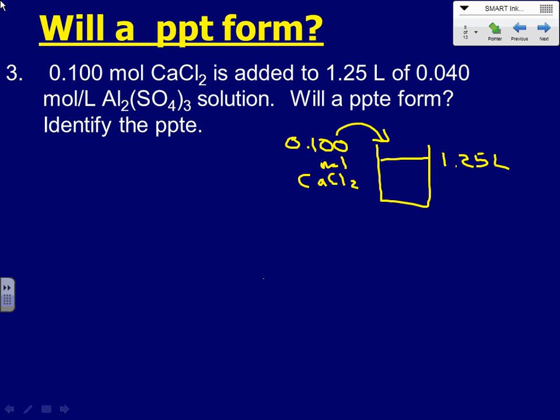Like we're going to have it dissolve, and then we're going to see whether it forms a precipitate or not. And this solution in here is 0.040 moles per liter, and that is Al2(SO4)3. Oh, and look at, identify the precipitate. That's fun.